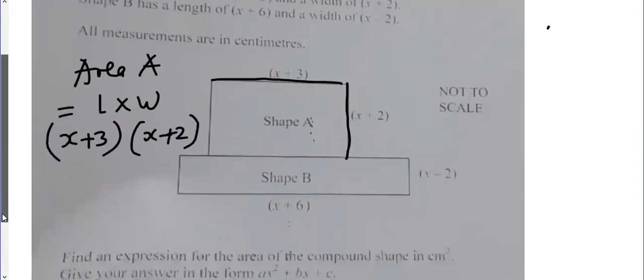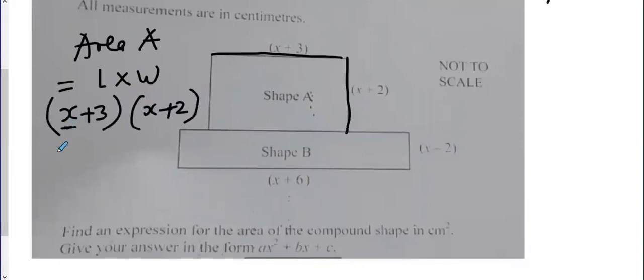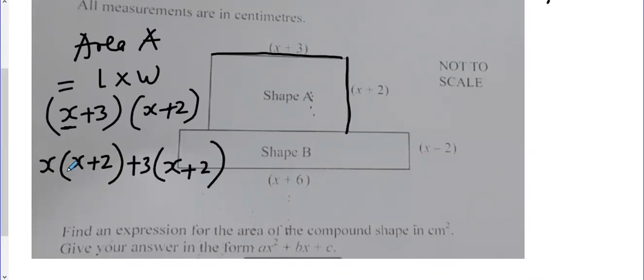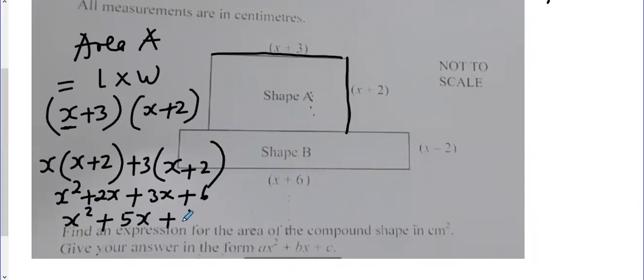So here we have to expand the brackets. x will multiply x plus 2, and positive 3 will multiply x plus 2 as well. When you expand this, you're going to have x squared plus 2x plus 3x plus 6. And this will be x squared plus 5x plus 6. So that is area A.